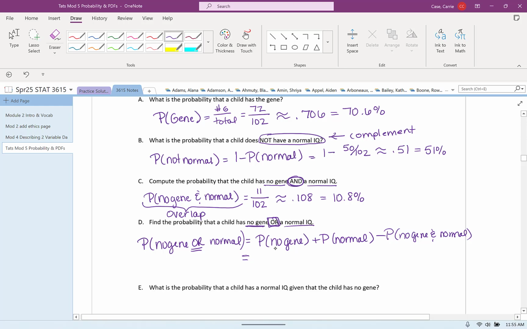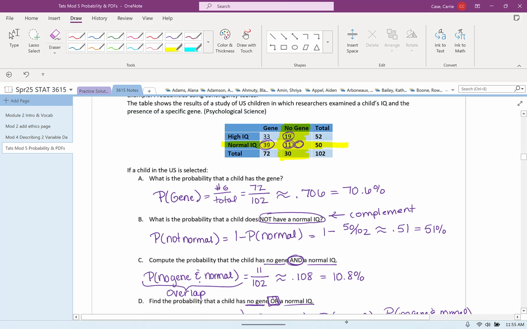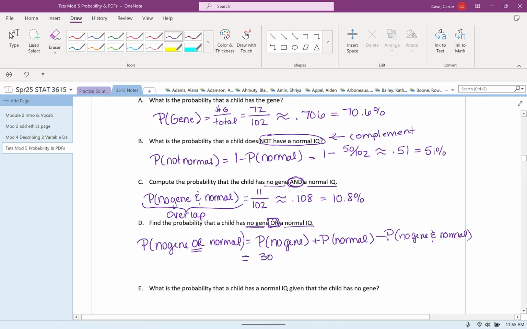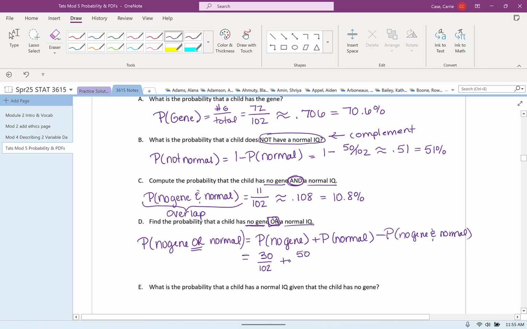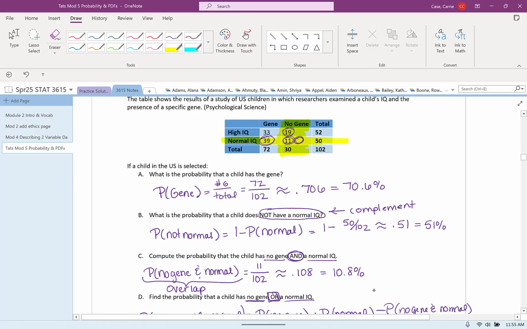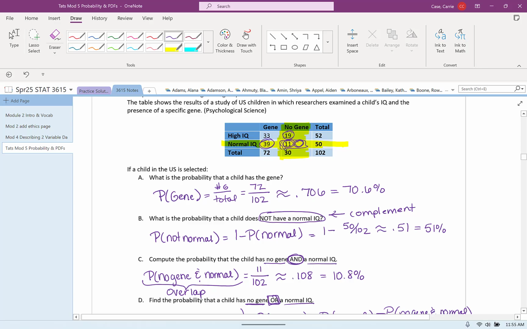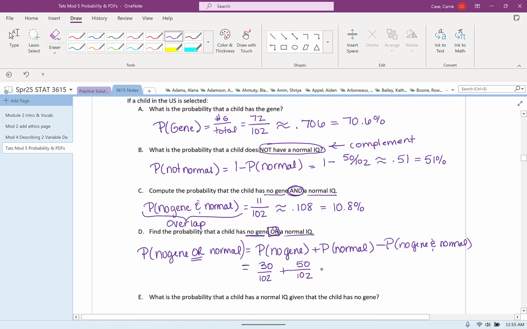So probability of no gene, there are 30 of those kids, so it's 30 over 102. Probability of normal, there are 50 of those kids over 102. But remember, we counted those 11 kids where it overlapped twice, so we just have to subtract that off. And that's equal to 69 over 102, and that's approximately 0.67 or 67%.